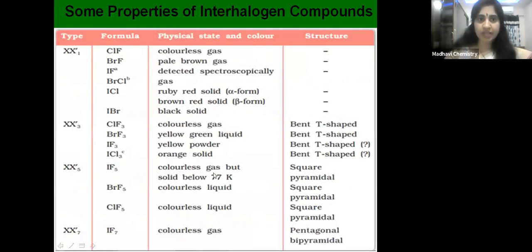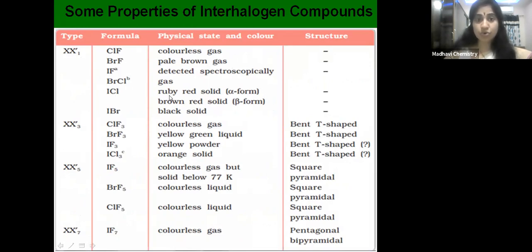Next, coming to some properties of interhalogen compounds. See children, XX' type interhalogen compounds: ClF, BrF, IF, BrCl, ICl. ClF is a colorless gas, BrF is a pale brown gas, IF is detected spectroscopically, and BrCl is a gas.